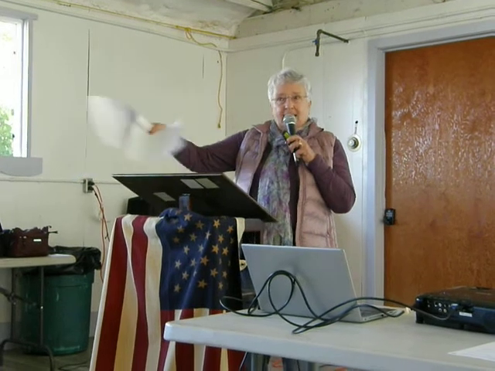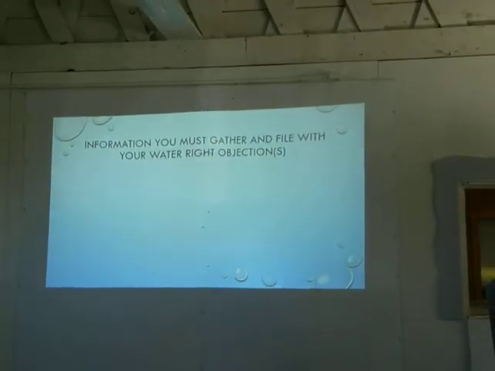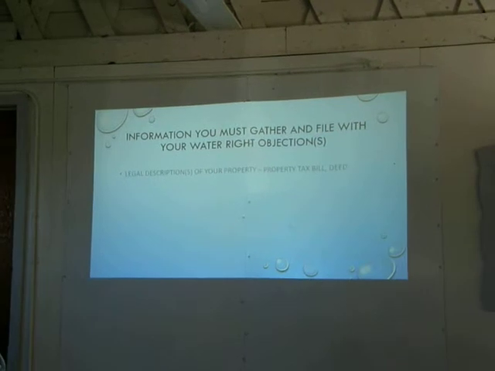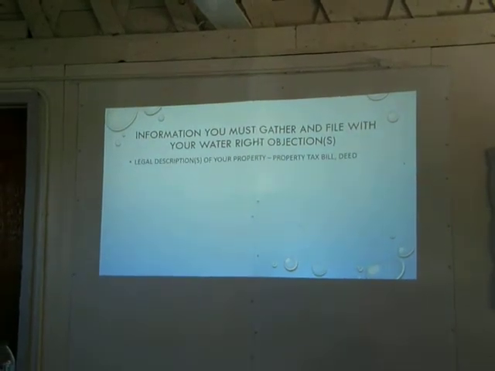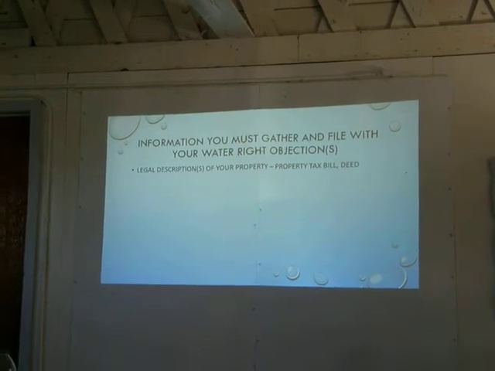Another page in the packet, I think I've got a slide of this also. This is information that you must gather and file with your water right objections. So these are papers you're going to find, you're going to make copies of, and file them. First one is a legal description of your property. You get that off your property tax bill or your deed.